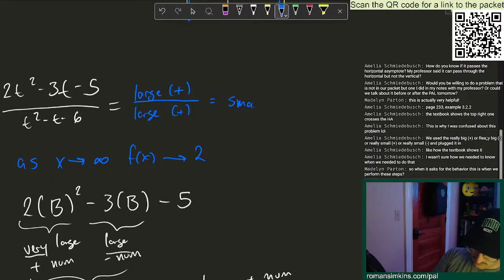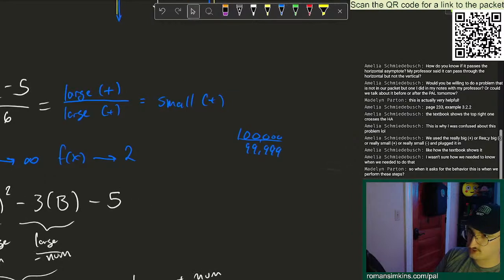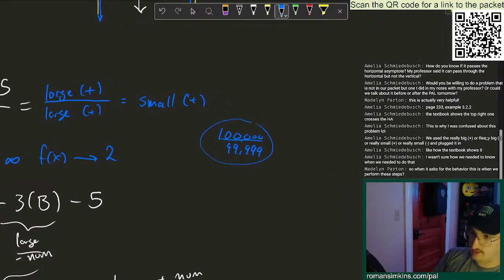I'm trying to think of a more intuitive way to explain this. It's like saying that if I had 100,000 divided by 999,999, right? If I took this fraction right here, this is going to be an incredibly small positive number. And you can plug that into your calculator to kind of justify that to you.